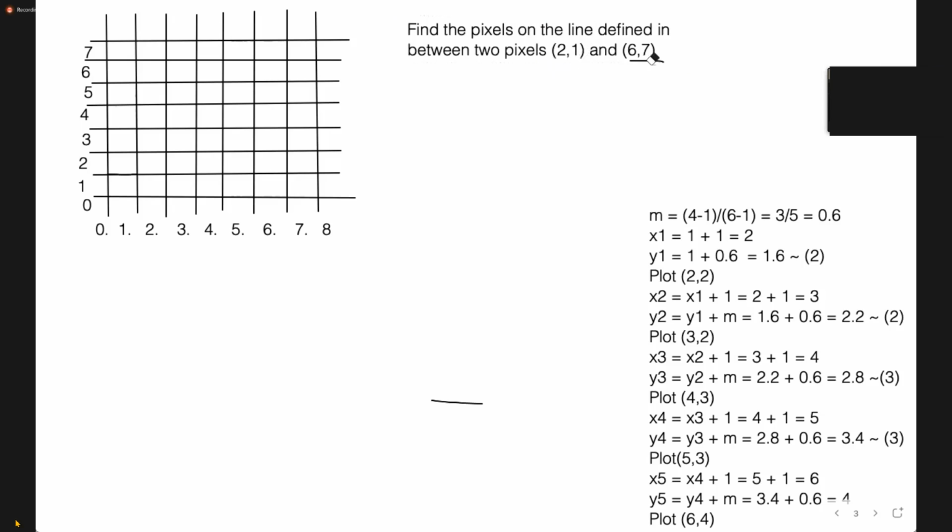Calculate the pixel points. 6, 7 means somewhere here. I will show you the points. 2, 1 means here. 6, 7 means here.